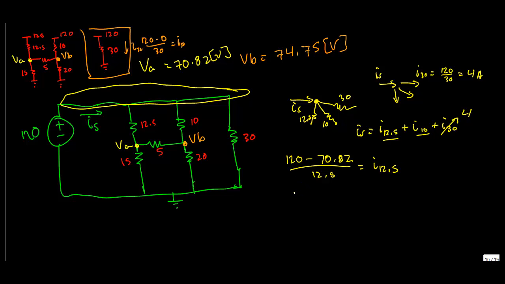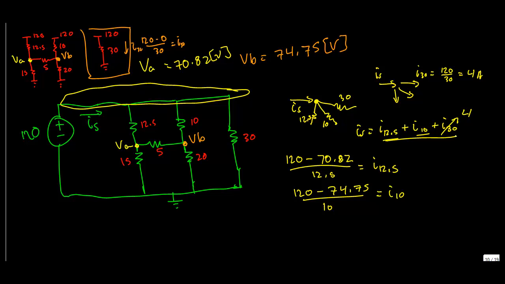Now the current through the 10 is the same process. You have 120 minus VB, which is 74.75, and that's going to be over 10, and that's going to equal I10.